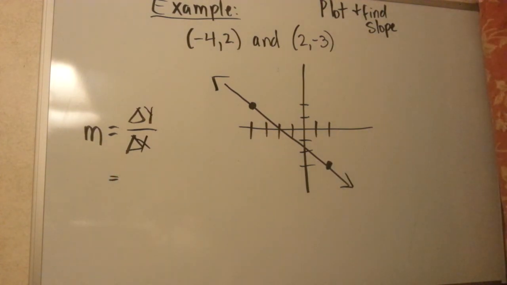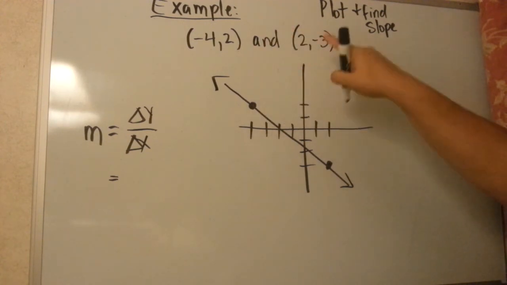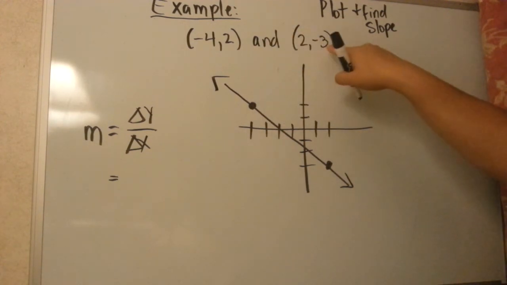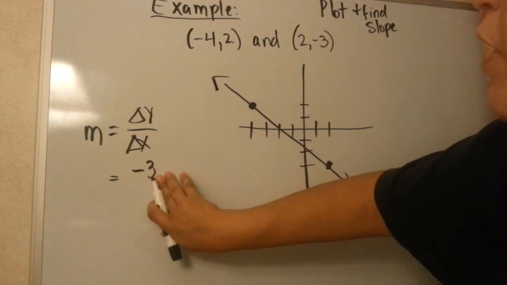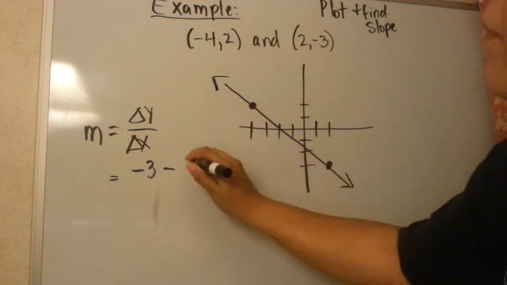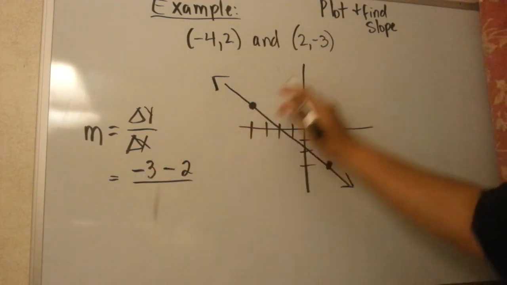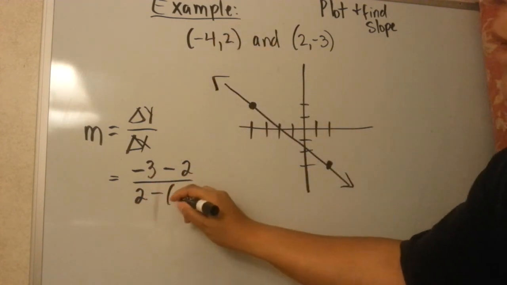Remember, this is the first point and that's the second point. Make sure you call this one the second one. So -3, oops, not a comma, but a minus sign, -3 minus 2 over 2 minus a -4.